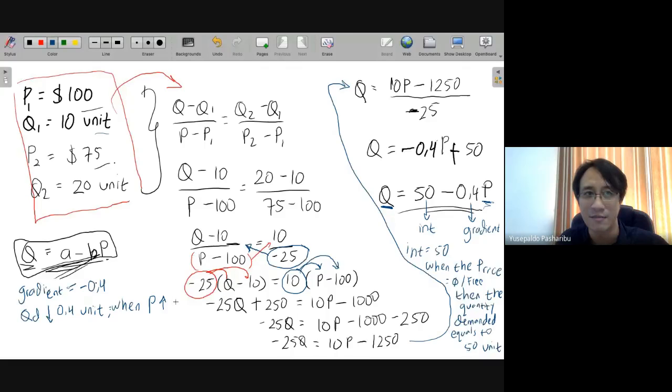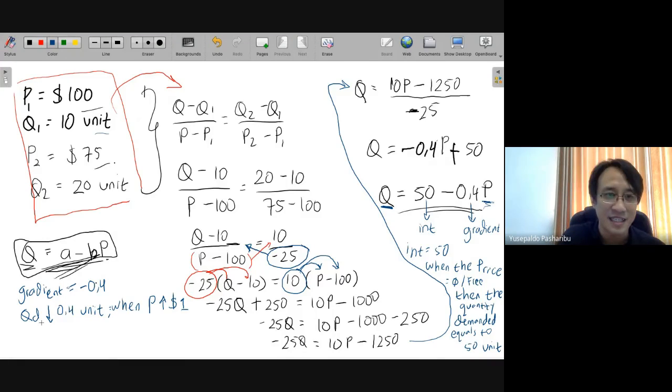What is the unit for the price? Dollar. So we can type it here. $1. The quantity demanded will increase 0.4 unit when the price increases. Oh, sorry. The quantity demanded will decrease or go down 0.4 unit when the price increases $1.